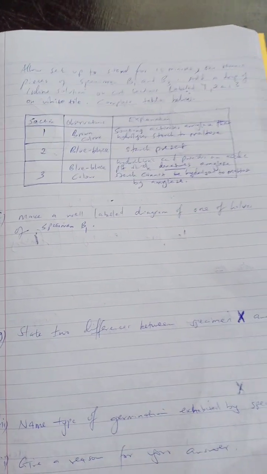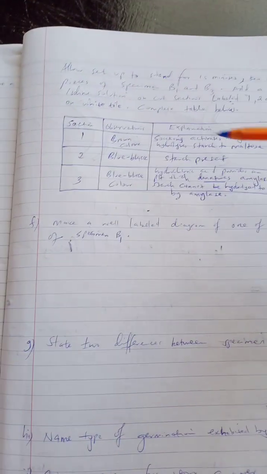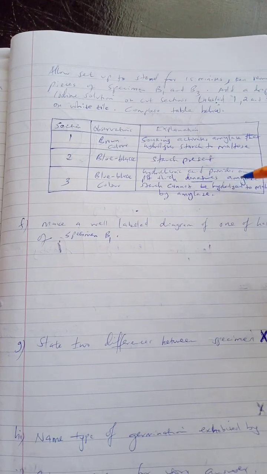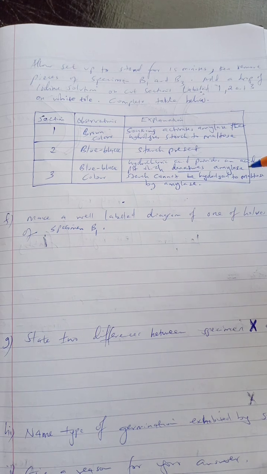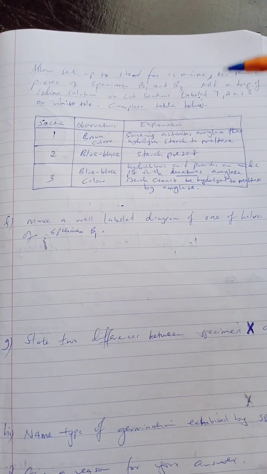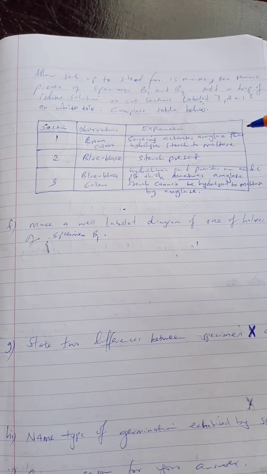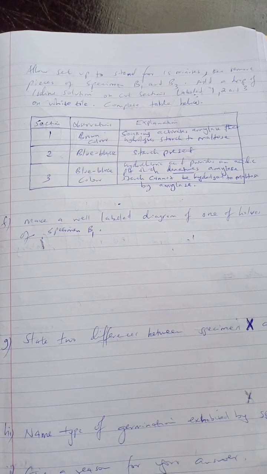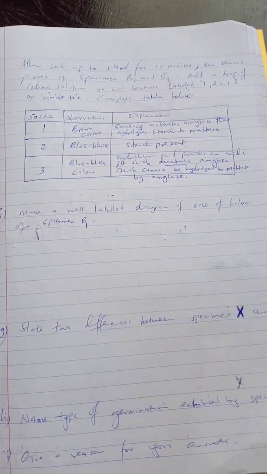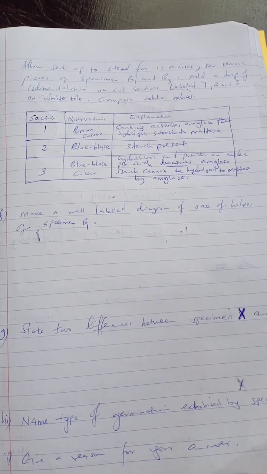That is why when you add iodine solution, the color changes to blue black, because the acid denatured the enzyme. The enzyme cannot hydrolyze or break down or digest starch to maltose.